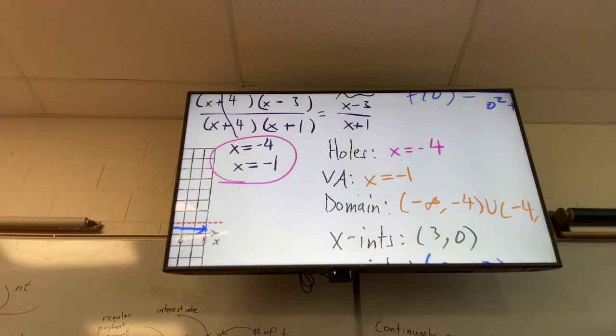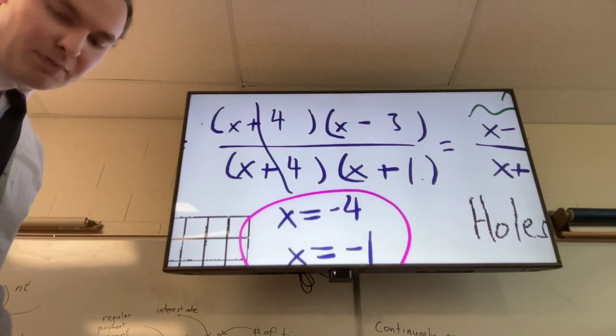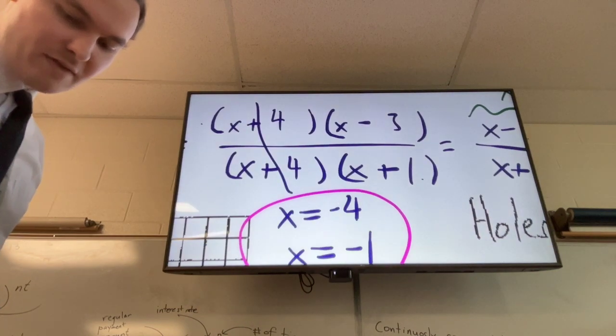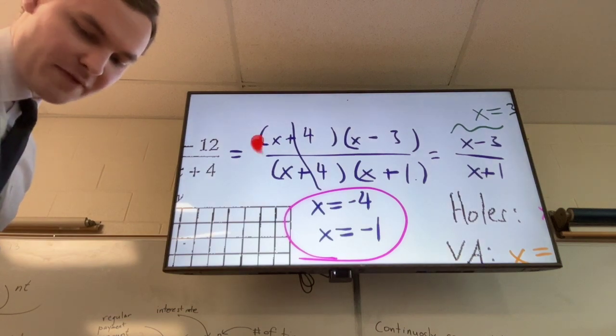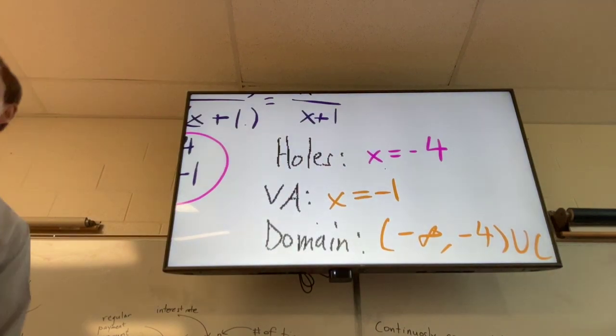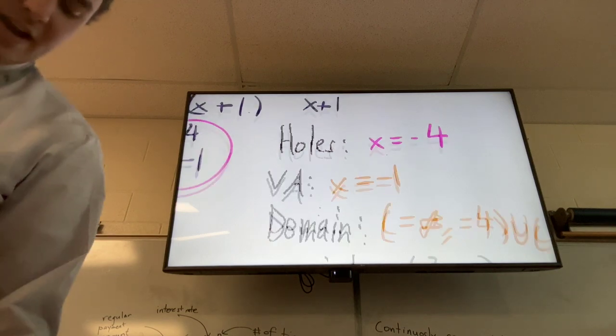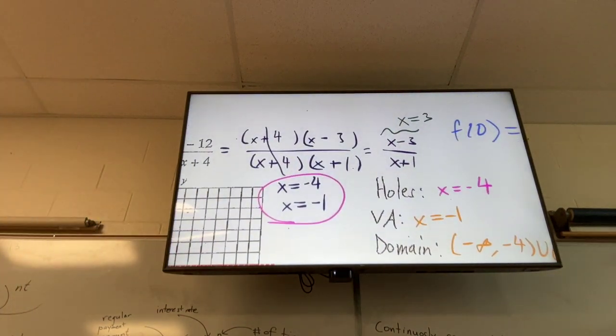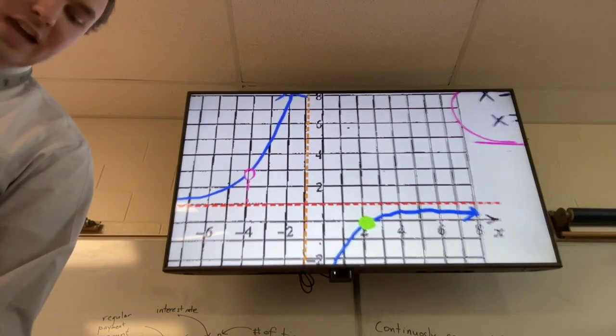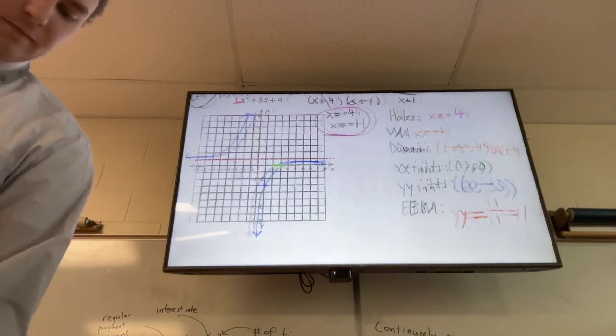Yes? Yeah, so here, this x plus 4 factor gave us an excluded value of x equals negative 4. Since it canceled with a factor in the top, it's what we call a hole, okay? And then our vertical asymptotes are the excluded values that don't cancel, and those are going to be our vertical orange lines here on this graph, okay?